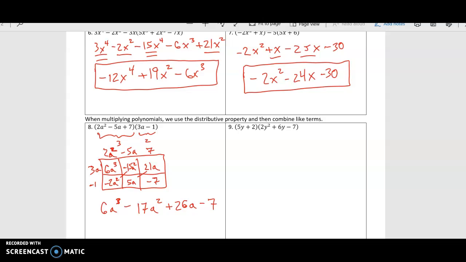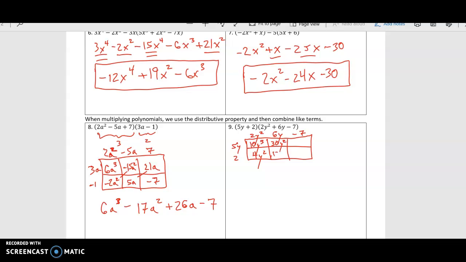Let's do the same thing over here. This one's going to be a 2 by 3 or a 3 by 2, whatever you're most comfortable with. It's going to be 10y cubed, 4y squared, 30y squared.